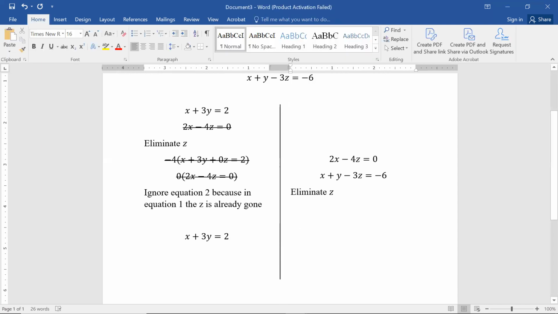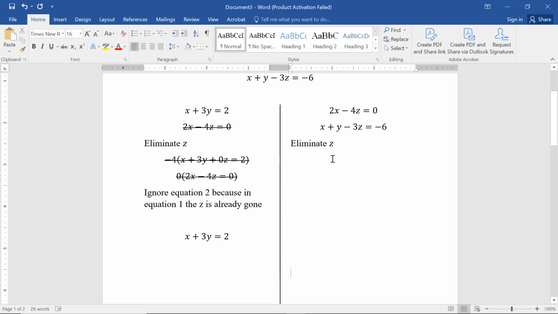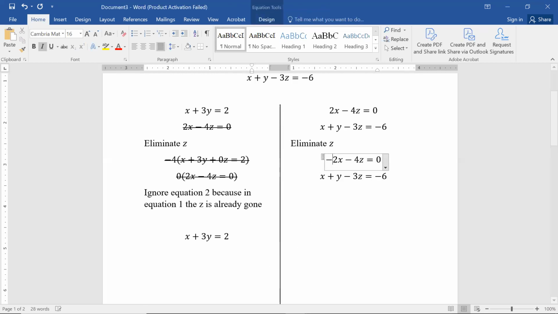Now, in the other pair, there are z's in both equations, so I'm going to have to do the traditional method of writing -3 in front of the first equation, writing -4 in front of the second equation, changing the sign on one of those.